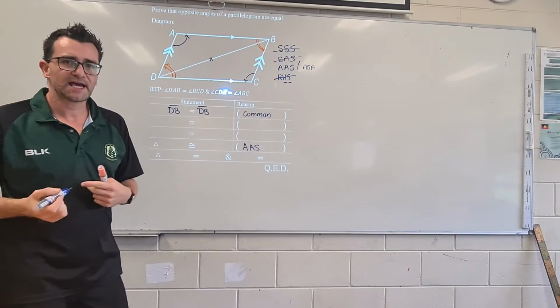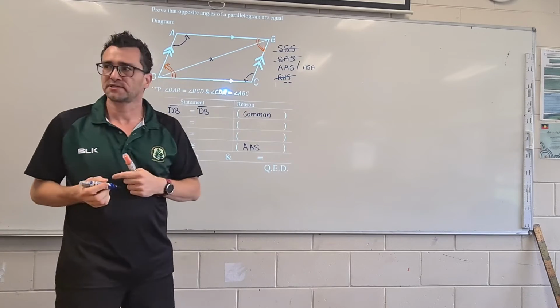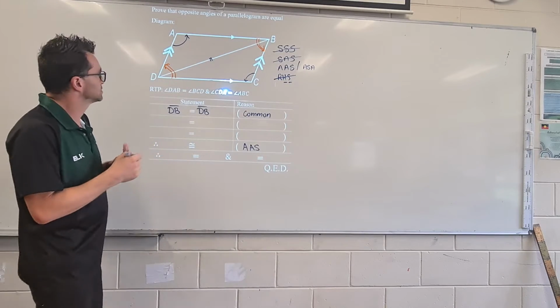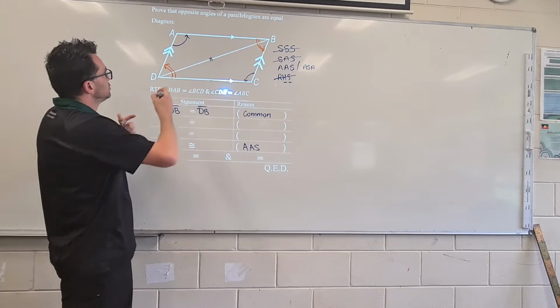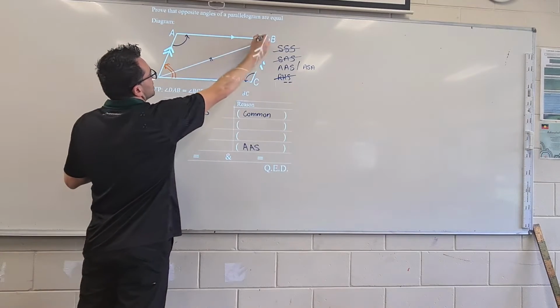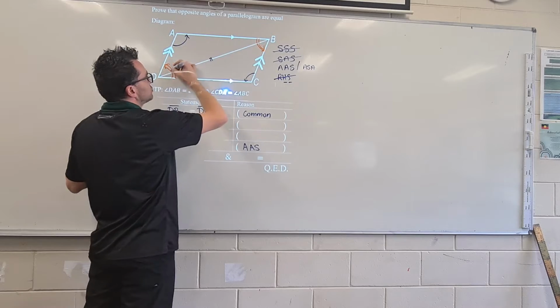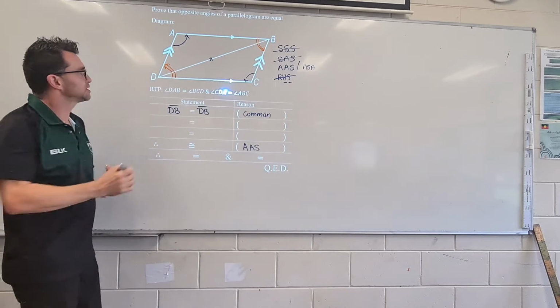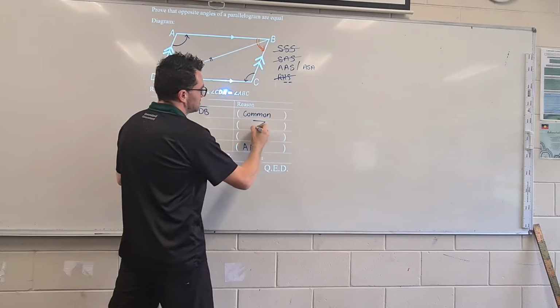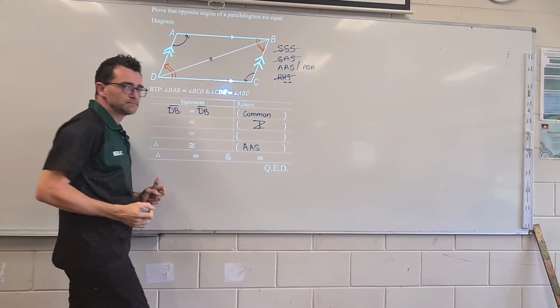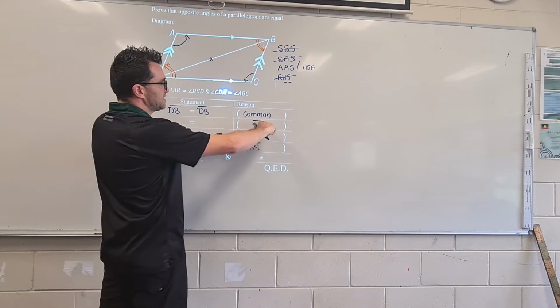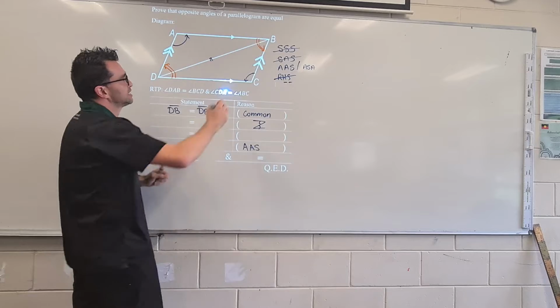So using AAS, we're going to need to find two angles that are equal. So looking at our triangle, we've got a parallel line and a transversal across those two lines, which essentially is our Z rule. So with our Z rule, we're going to have these two angles which are equal.